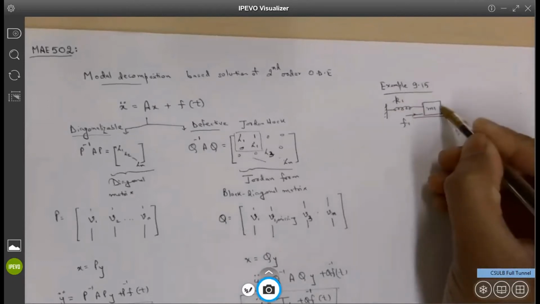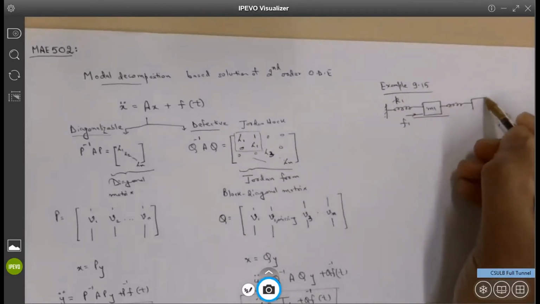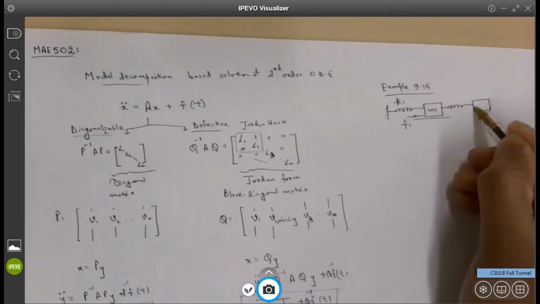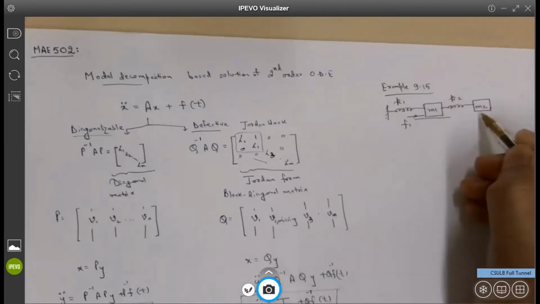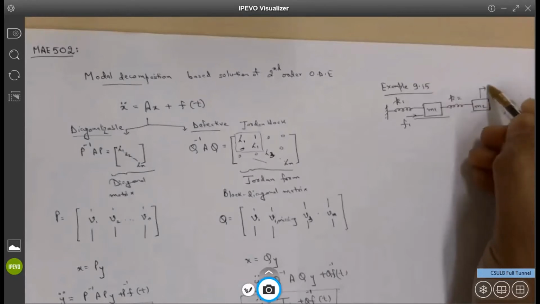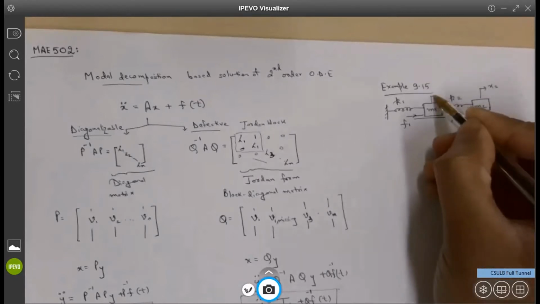This is spring constant K1, this is spring constant K2, this is mass M2, and these are the generalized displacements, X1 and X2.